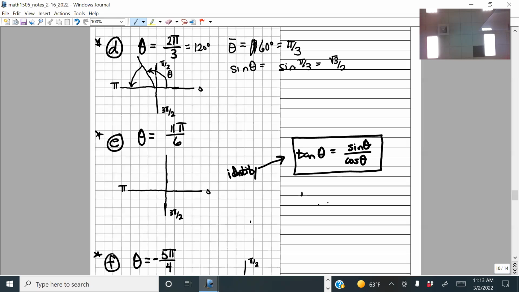Remember, they're never negative, so you always draw them positive. The reference angle, always draw it to the x-axis, even if the tendency is to draw it to the y-axis. Always to the x-axis.